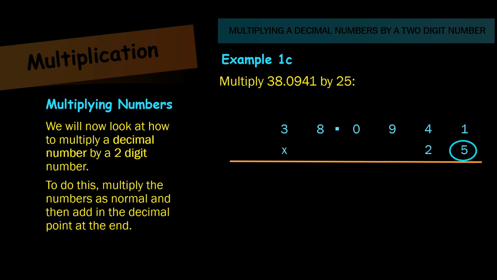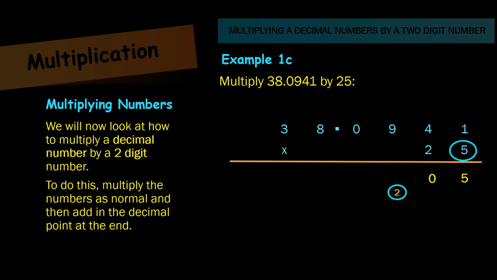Consider the 5 first. 5 times 1 is 5. Position the answer in the same column as the 1. 5 times 4 is 20. Position the 0 in the same column as the 4 and carry the 2 over to the next column along. 5 times 9 is 45.